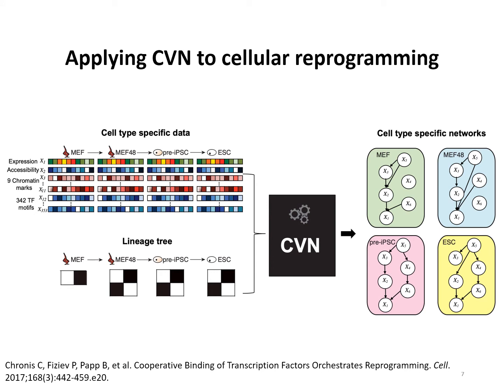Next, we apply CVN to published ChIP-seq, ATAC-seq, and RNA-seq datasets for four stages during mouse reprogramming to infer the cell type-specific networks of chromatin marks, TF, and expression at each stage.